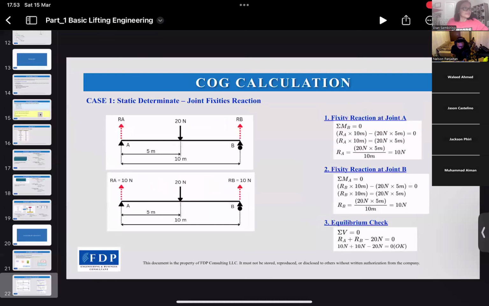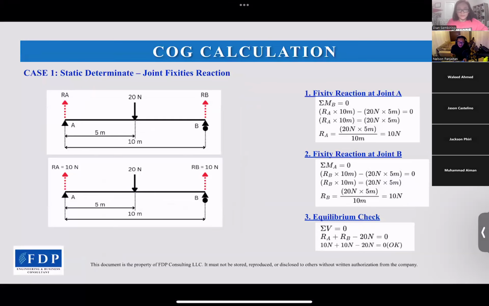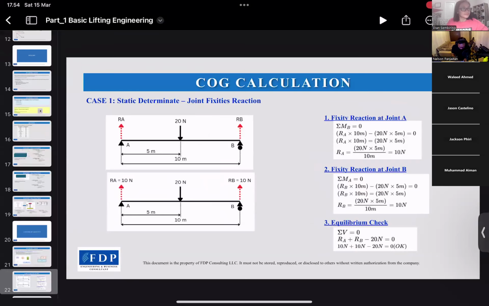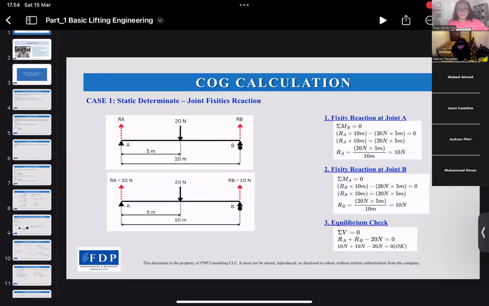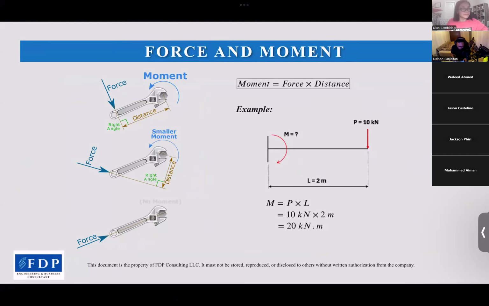Before we get into this, we have discussed forces and moment, right? Moment is force times distance.